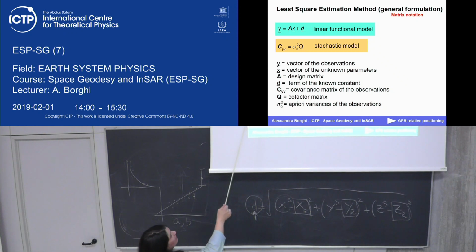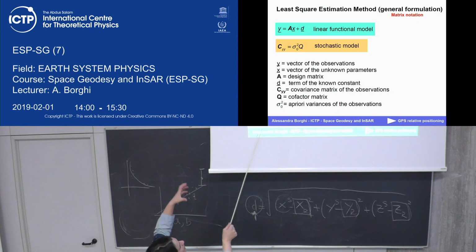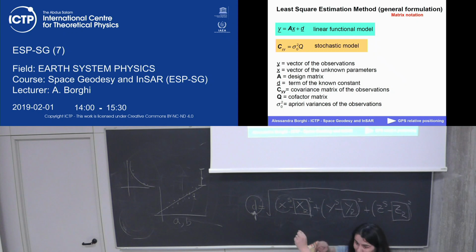Sigma is the a priori variance of the observations. The stochastic model can be written as the variance of the observation multiplied by a factor matrix Q. This Q matrix gives you information about the relative weight between one observation and another.